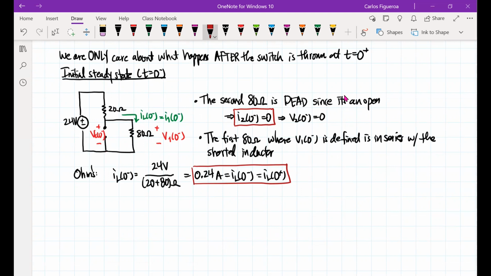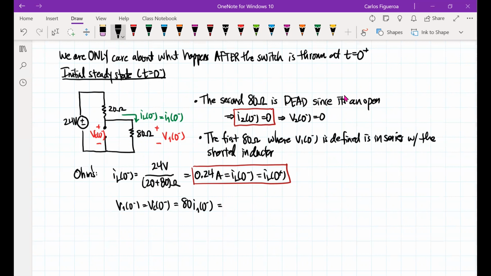So I know that the voltage V1 is also the voltage of the capacitor at 0 minus. According to Ohm's law, this should be 80 times I1 of 0 minus. But note that the shorted inductor is in series with the 80 ohm resistor.